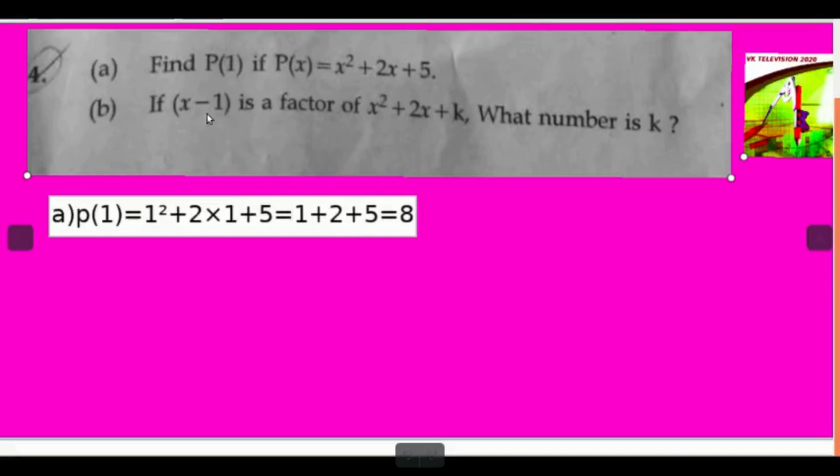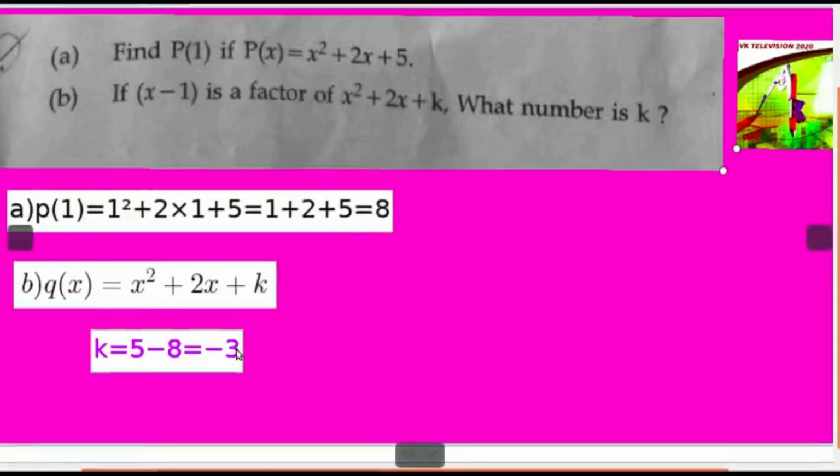Now, x minus 1 is a factor of x square plus 2x plus k. What number is k? We compare these two equations. If we replace x by 1, we obtain p of 1 is equal to 8. Okay. To get x minus 1 is a factor of this equation, that is x square plus 2x plus k, we just write 5 minus 8.